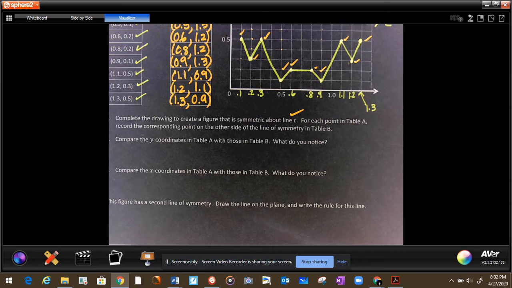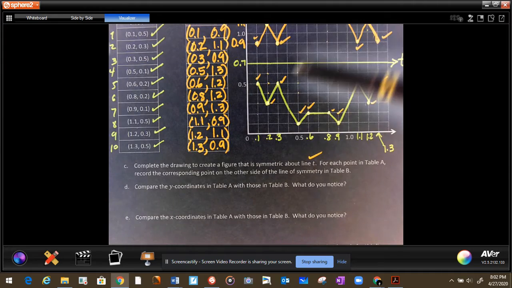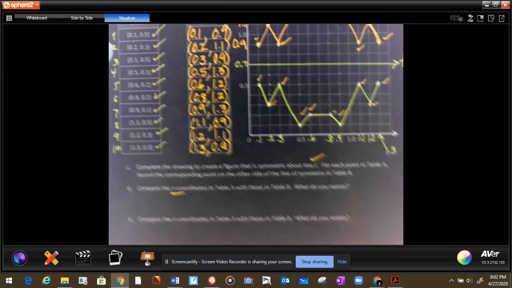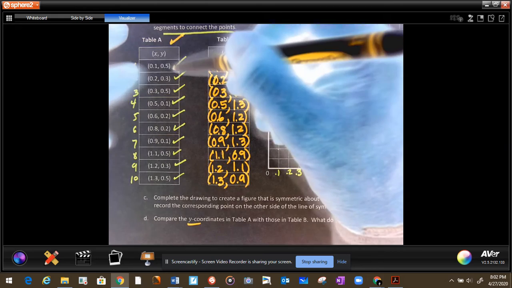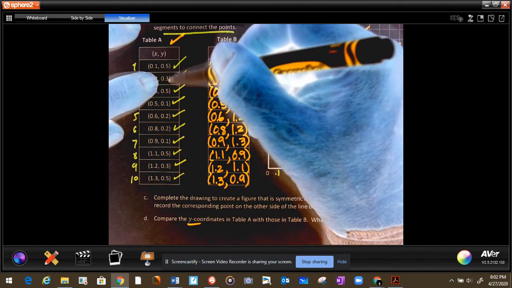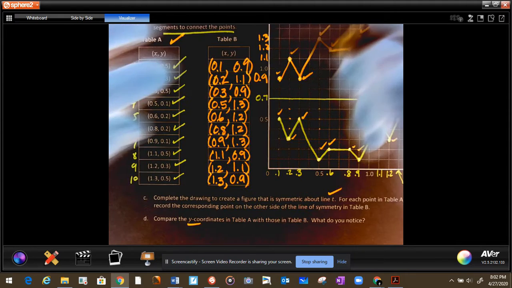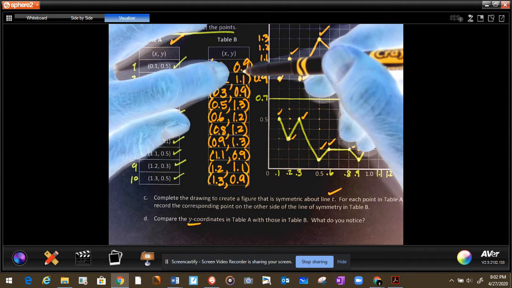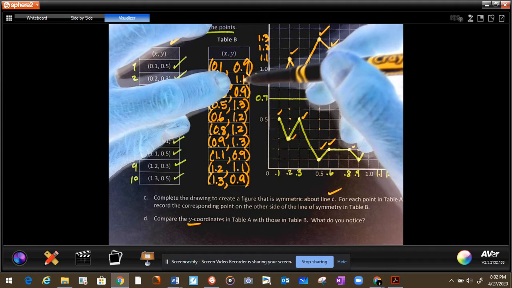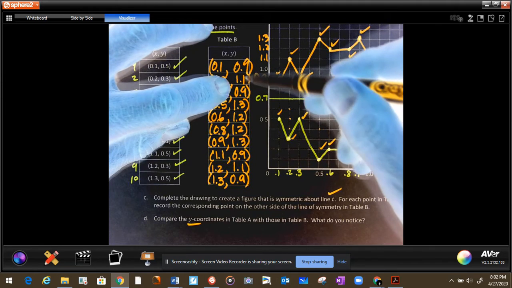That was easy. Compare the y coordinates in table A with those in table B. So let's look at the y coordinates. The y coordinates are 0.3, 0.5. So from here to here is 2. From 0.3 to 0.5 is 2. How about this one? From 0.9 to 1.1 is 2. From 1.1 to 0.9 is 2.